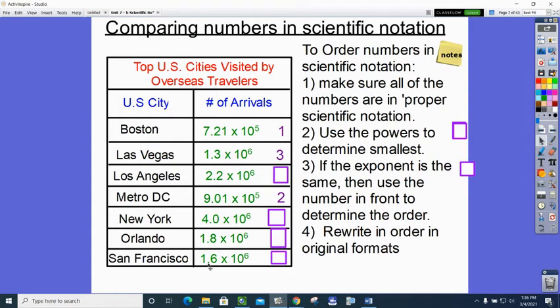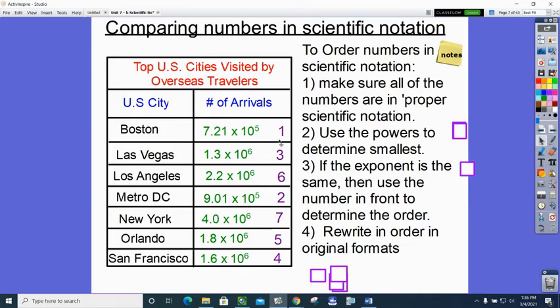And then we will head down to the 1.6, then the 1.8, then Los Angeles, and New York City is by far the most traveled to city from overseas. And if you had just looked at the number in front, you might have thought it was Metro DC, but you've got to look at the power of 10, which is called the magnitude of the number. Now, what if those numbers, normally, guys, we would be writing these in order.